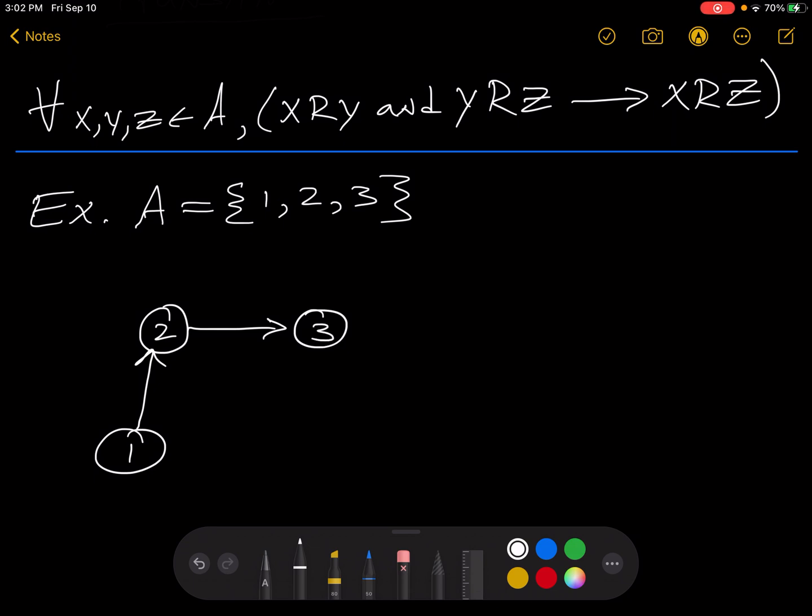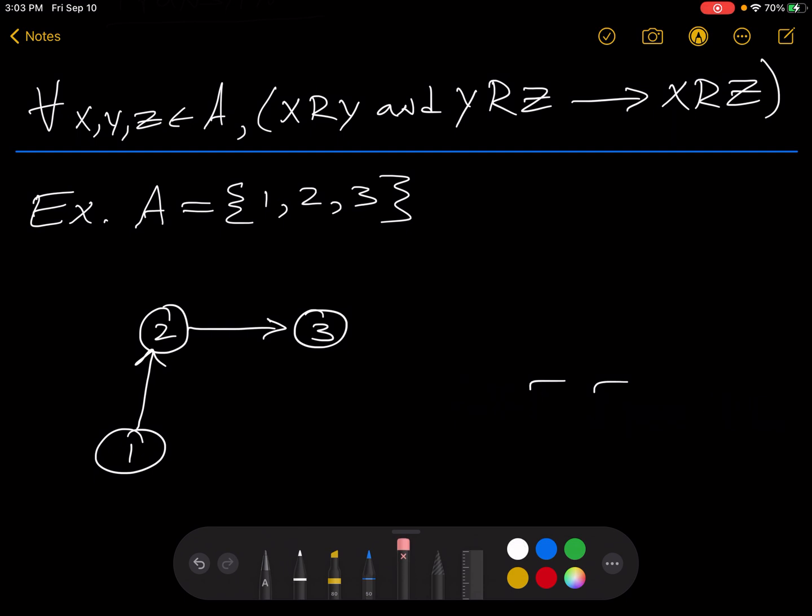All right, so this is the graph of a relation that is not transitive. Now I want to ask the question, what is the one edge that I must add to this graph so that the resulting relation is transitive?